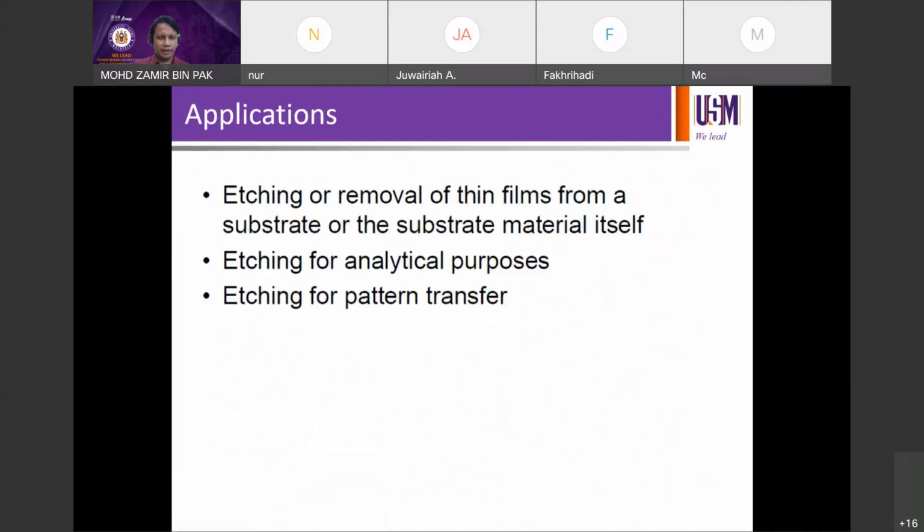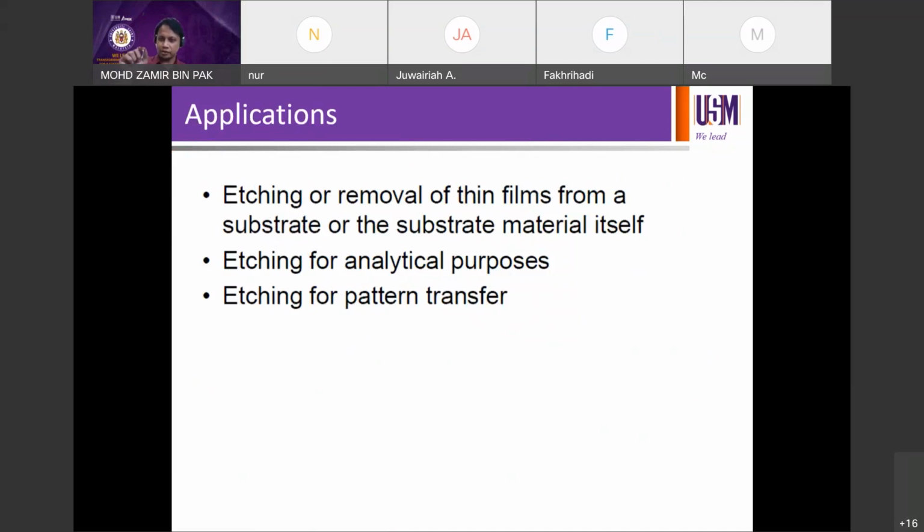The application, etching, removal of silicon, removal of films from substrate, or removal of substrate material itself. So you can remove silicon nitride on silicon, you can remove silicon dioxide on silicon, you can remove resist on silicon, you can also remove part of silicon from the silicon wafer itself, right? So etching is needed for analytical purposes.